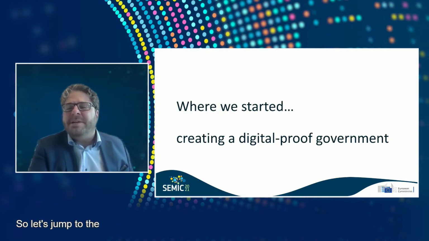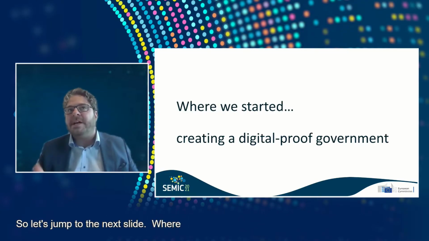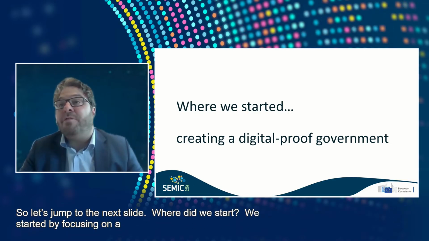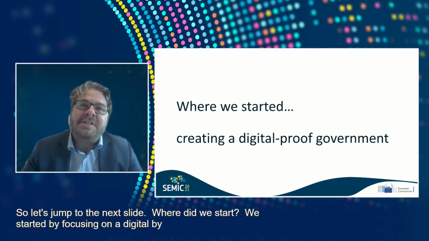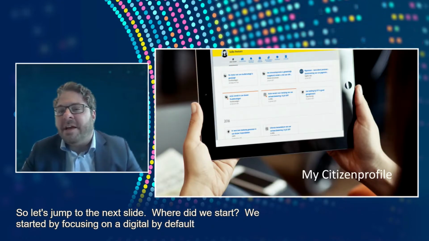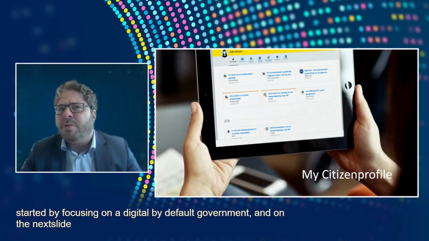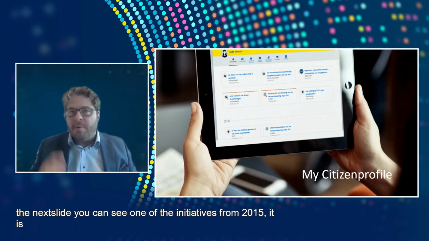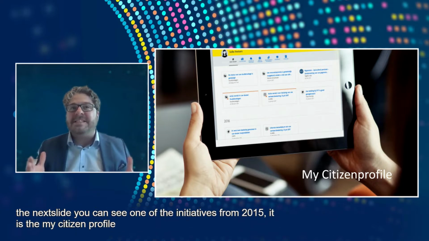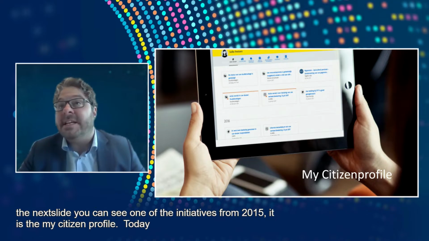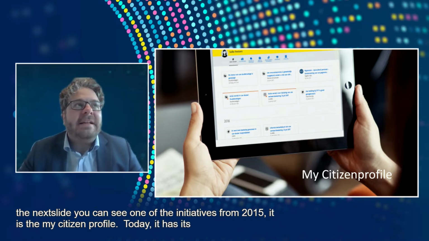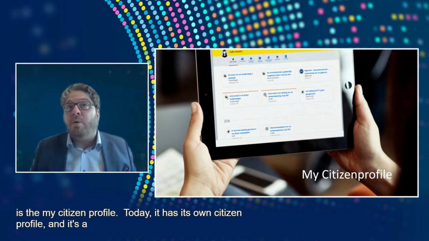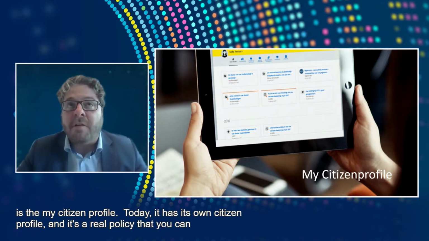So where did we start? We started by focusing on a digital by default government, and on the next slide you can see one of the initiatives from 2015. It's the My Citizen profile. So today in Flanders, each citizen has his own citizen profile, and it's a real no wrong door policy, so you can access it through local governments, to the regional government.